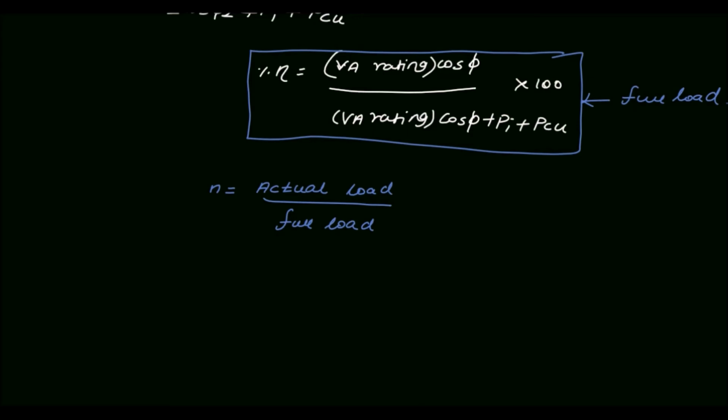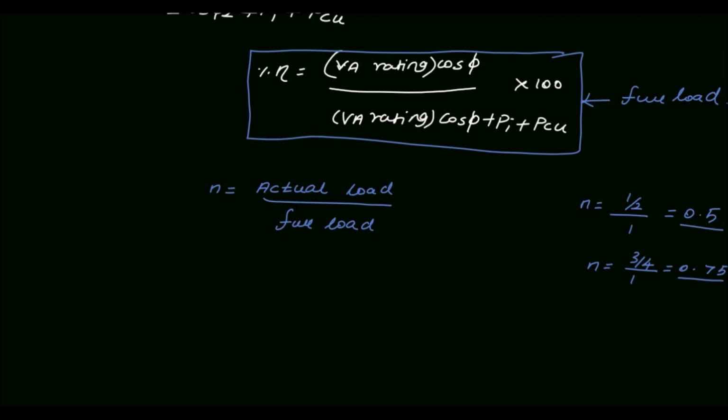For example, if half load is applied, n is half load divided by full load, which is 1, so n equals 0.5. If 3/4 of the load is applied, then n is 3/4 divided by 1, which is equal to 0.75. So based on the fractional value of the load, the n value will vary.